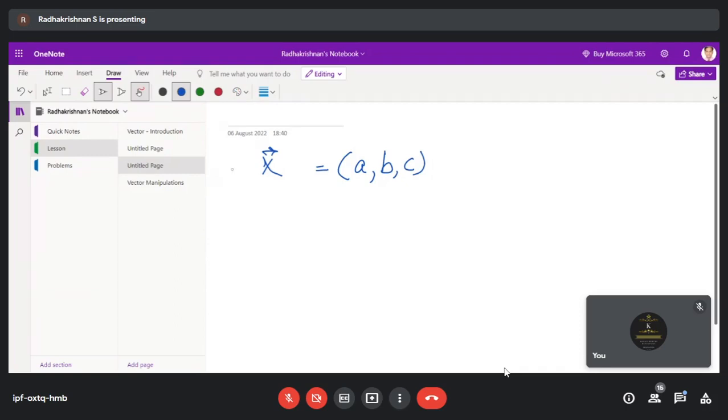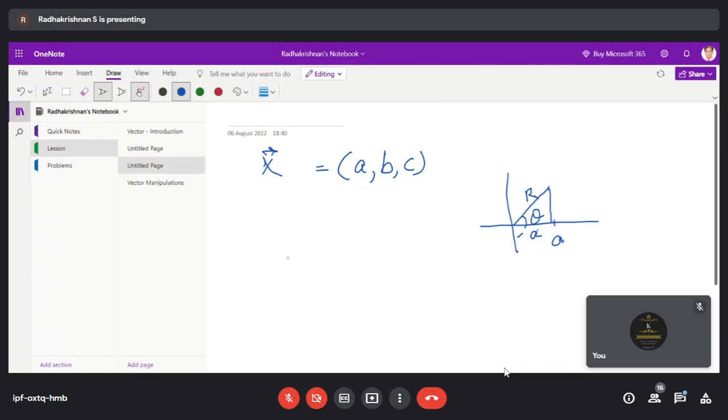So what is the angle made with the x-axis? This is your x-axis, a is the x coordinate, and the total distance is r, that is the root of a square plus b square plus c square, and this is your theta. This distance is your a, so cos theta will be a by r.